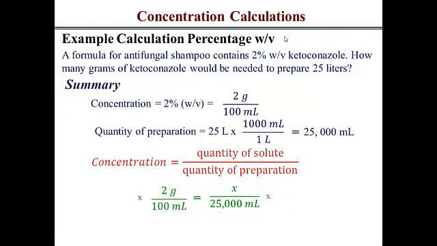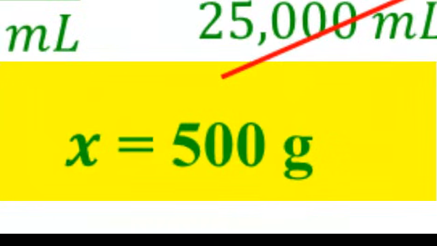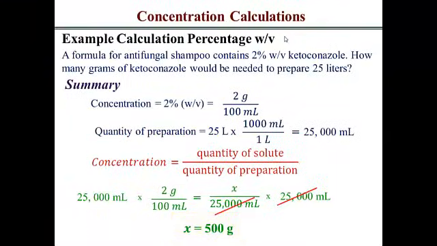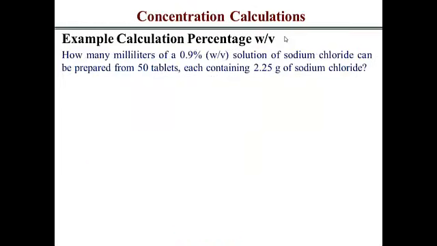When you do the math, multiply both sides by 25,000 milliliters, it cancels out on the right, and then you have your quantity of solute being 500 grams. So it's really easy once you understand the definitions that we talked about, and basically you can utilize that to solve your problems.